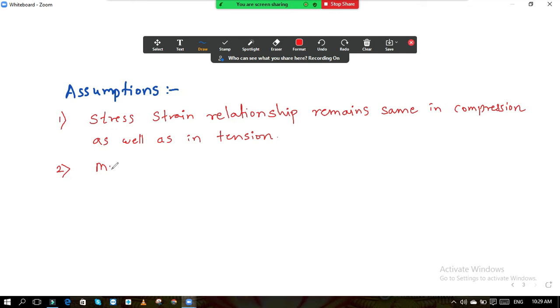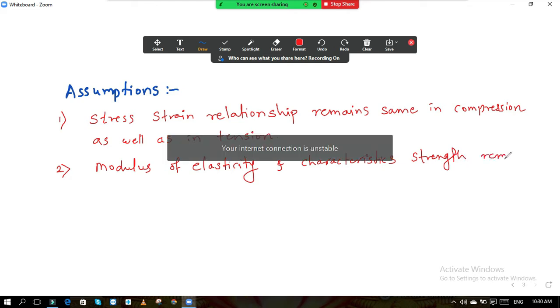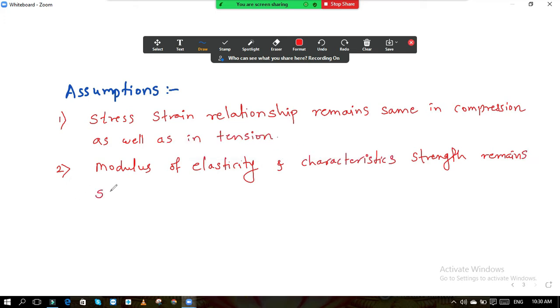Second, the modulus of elasticity, that is Young's modulus of elasticity, and characteristic strength remain the same in tension and compression zone.